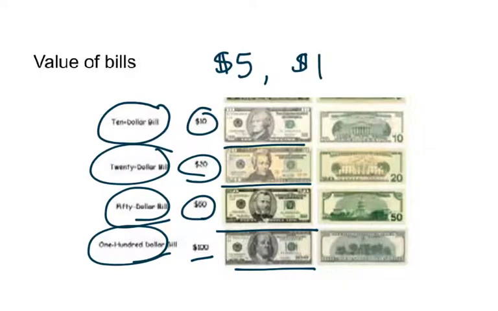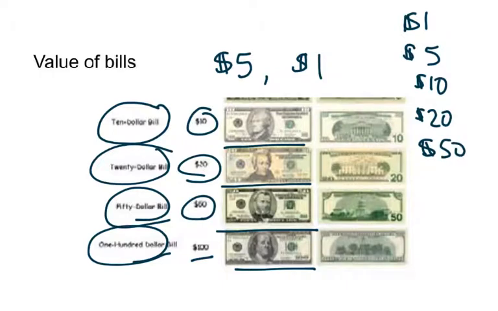Most of the money that you will deal with in everyday life is the $1, then 5, 10s, and 20s. And sometimes if you're working at a place of business and they make a large purchase and they want to give you cash, they may hand you a $100 bill or a $50 bill. But most of our smaller purchases, we're going to use those smaller amounts.